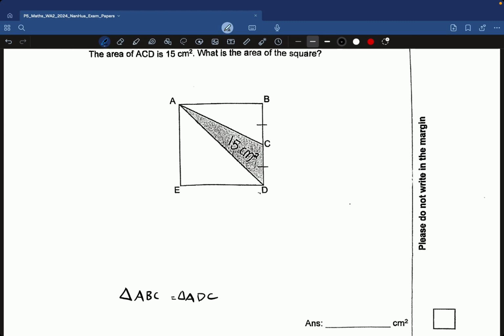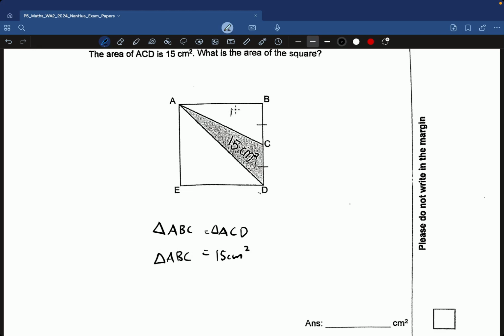So in this case, ACD, because it says here ACD is 15 centimeter square. That means ABC is also 15 centimeter square. That's what I see over here.